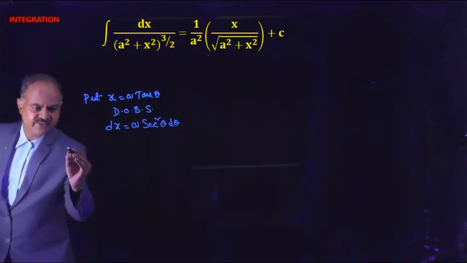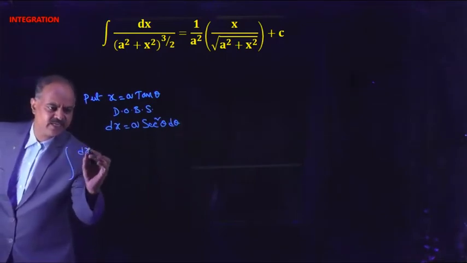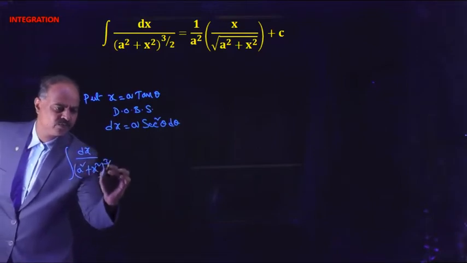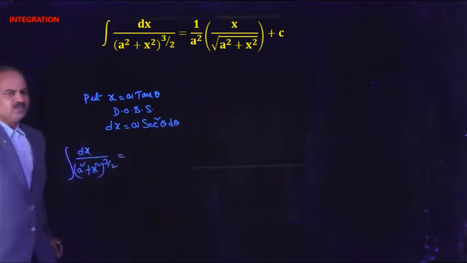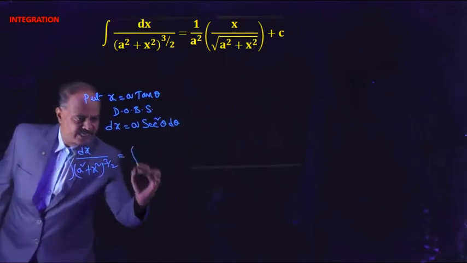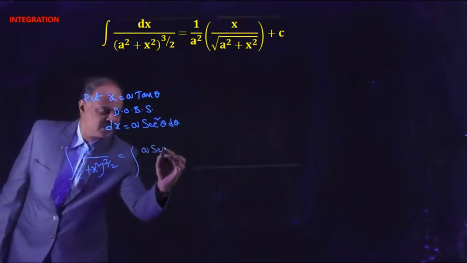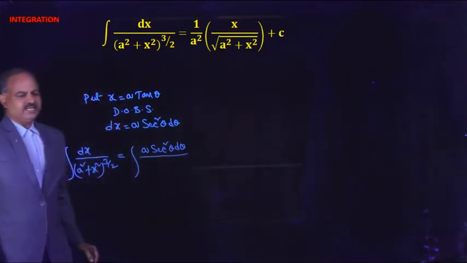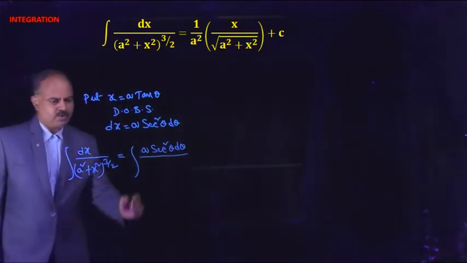Now the given integral is dx by (a square plus x square) whole to the power 3 by 2, that is equal to integral a into secant square theta into d theta divided by (a square plus x square) whole power 3 by 2.